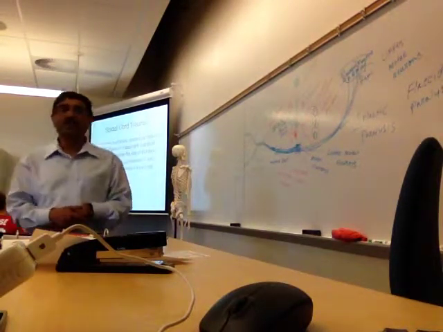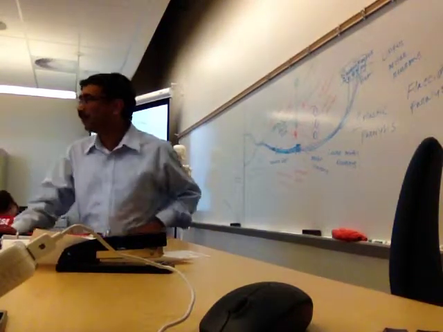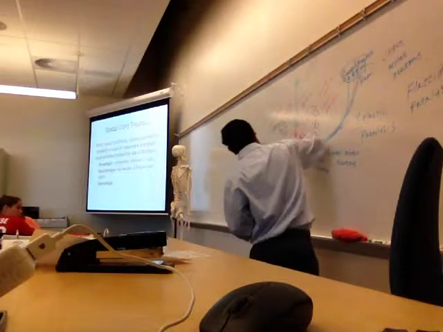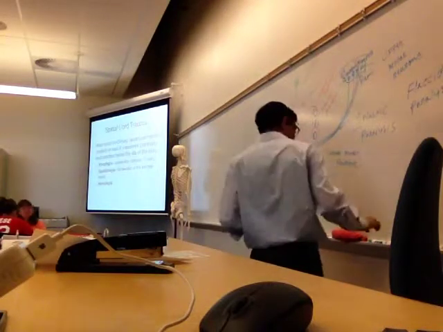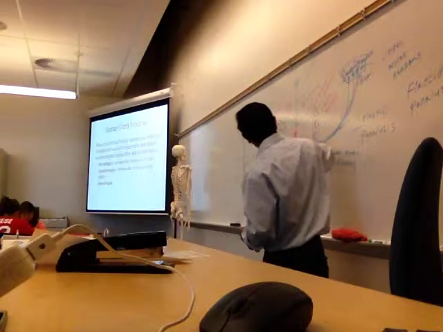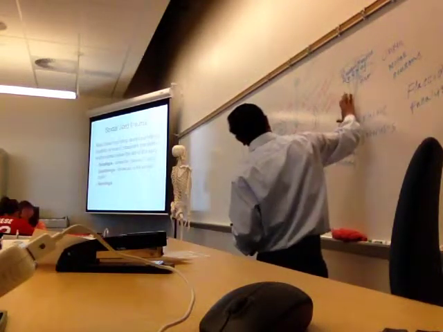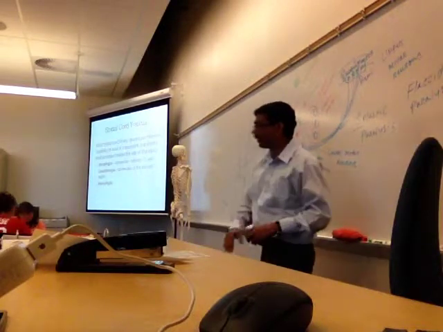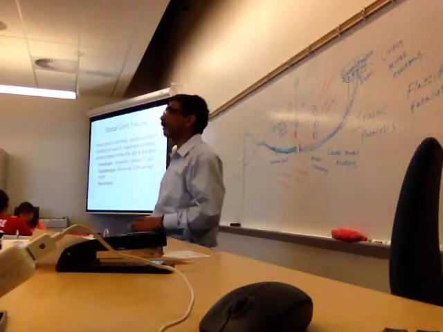Now, if injury occurs in one side of the spinal cord, for example, in this side, but this side is okay, because we know that same neurons are on the other side, right? So this side of the body will get the signal, will be fine, and one side of the body will be paralyzed, and that is called hemiplegia.